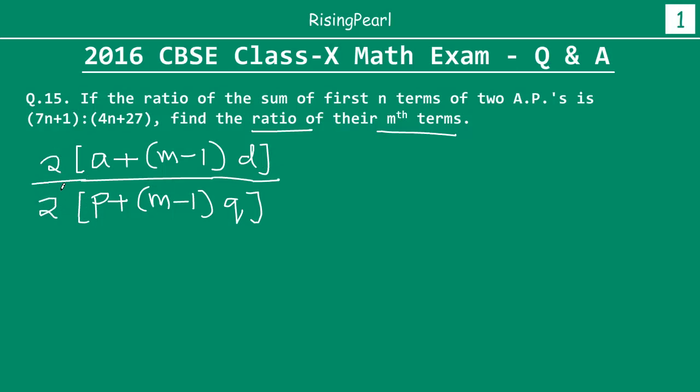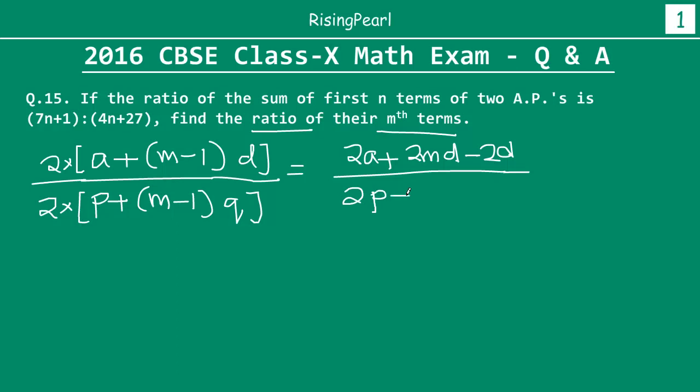We can multiply the numerator and denominator of a fraction by the same number and it doesn't change the fraction. So we get 2a plus 2md minus 2d, and the denominator similarly will be 2p plus 2mq minus 2q.